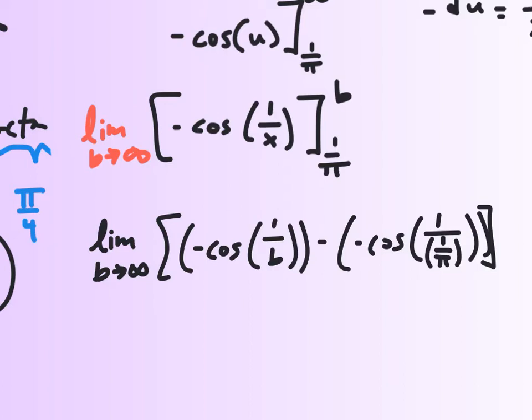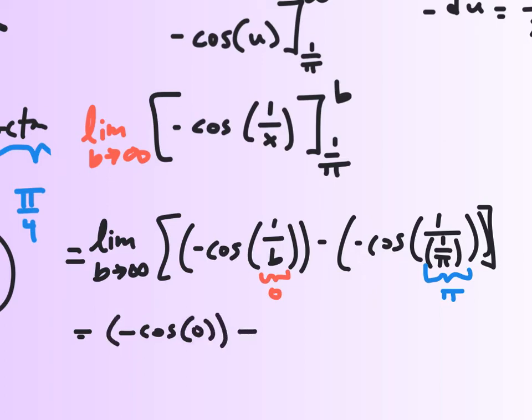Okay, so I get this. If I send b to infinity, what does this become? Well, 1 over infinity becomes 0. What does 1 over pi become? Becomes pi. So I get this, the limit yields me negative cosine of 0 minus negative cosine of pi.